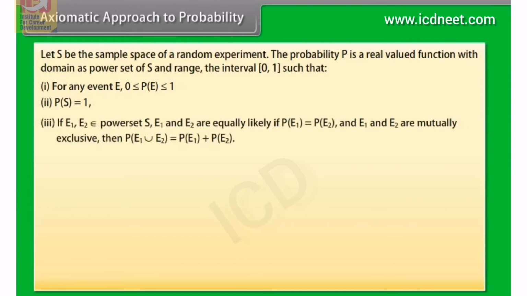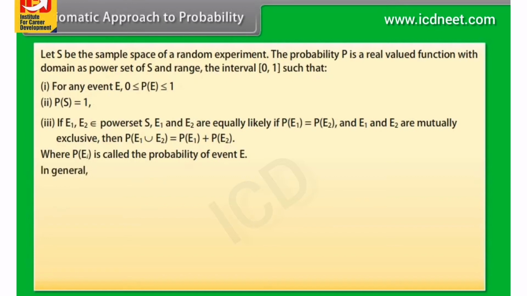If E1, E2 belong to the power set of S, E1 and E2 are equally likely if P(E1) is equal to P(E2), and if E1 and E2 are mutually exclusive, then P(E1 union E2) is equal to P(E1) plus P(E2), where P(Ei) is called the probability of event E.